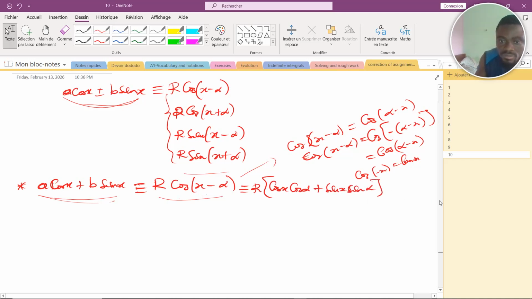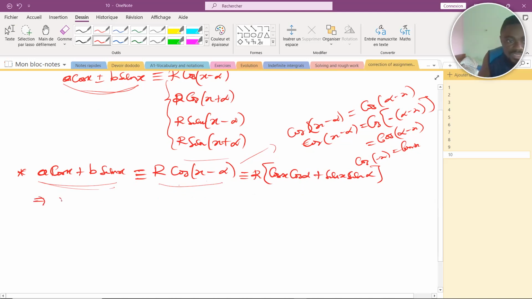Is that okay? Now this implies our a cos x plus b sine x will be identical to r cos alpha cos x plus r sine alpha sine x.